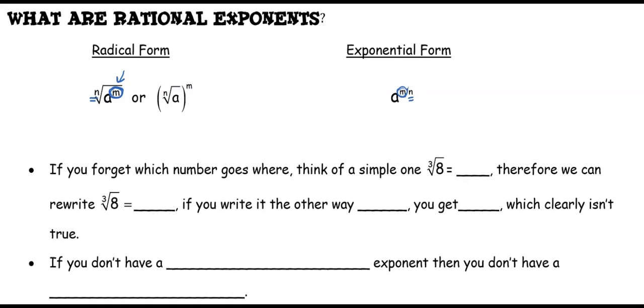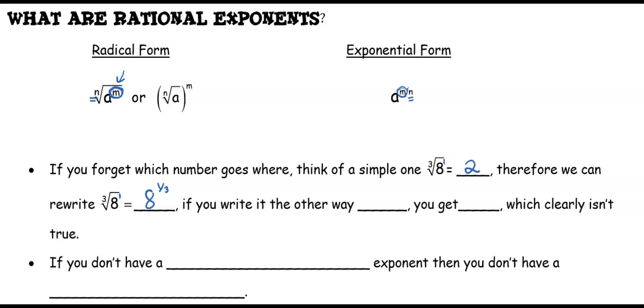When you are switching back and forth and you forget which number goes where, think about a simple example that we covered before. We know that the third root of 8 is 2. Therefore, we can rewrite the third root of 8 as 8 to the 1/3. That exponent inside of there is a 1.